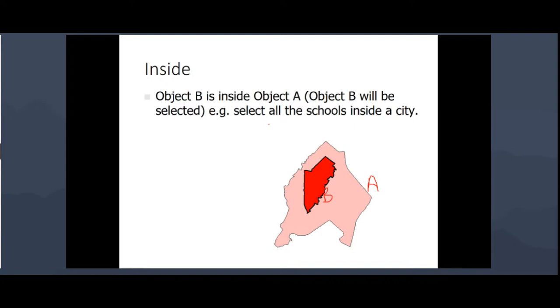So in this case, when you are making the query, select all the distribution centers which are in Dehradun, you will get some result where the distribution centers which are inside Dehradun will be selected. So in case of inside relationship, whatever feature is inside gets selected.